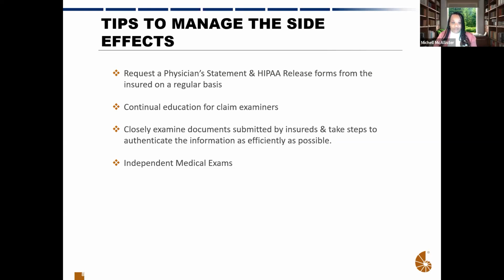It may seem like it's permanent, but usually even on a permanent disability status, the insured needs to be seen by a doctor at least once a year. Healthy people have to be seen once a year. So it's not that big of a burden to ask the insured to submit a physician statement. 1 year, 2 years, 3 years, maybe, at your discretion, but you want to do it on a regular basis.